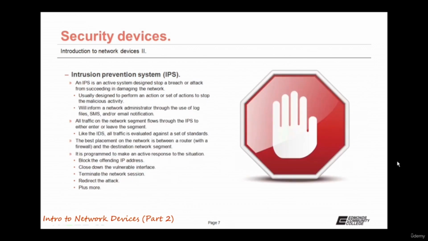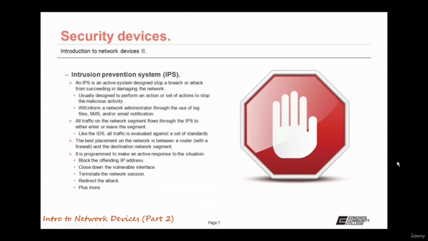More potent than the intrusion detection system is the intrusion prevention system, the IPS. An IPS is an active system designed to stop a breach or attack from succeeding in damaging the network. They're usually designed to perform an action or set of actions to stop the malicious activity.